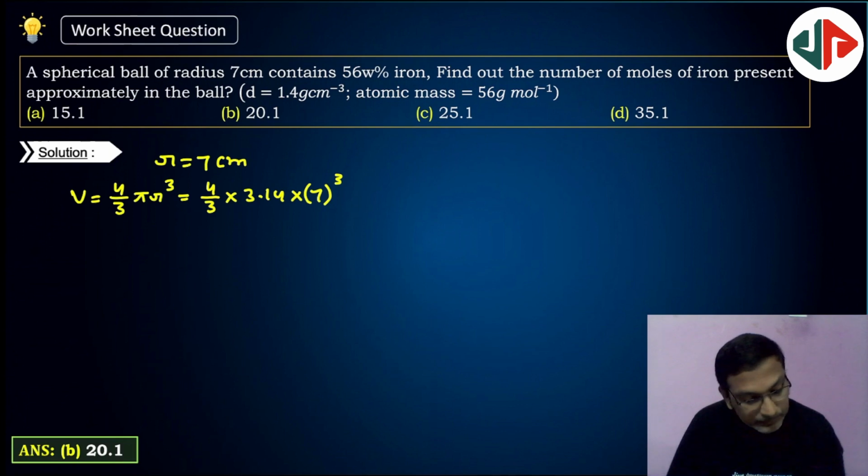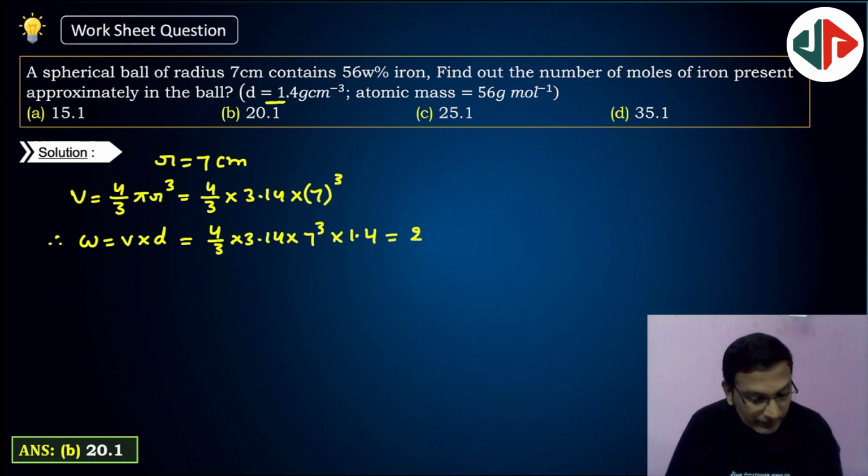Next, density is given, 1.4 grams per centimeter cube, so from this we can find the weight. Weight equals volume into density: 4 by 3 into 3.14 into 7 cube into density 1.4. We'll get this value as 2010.43 grams.